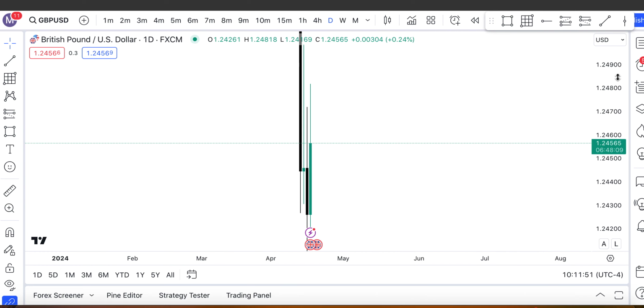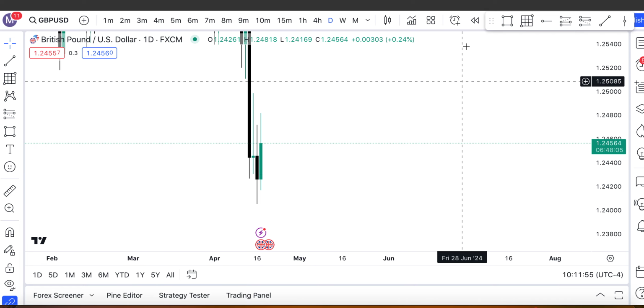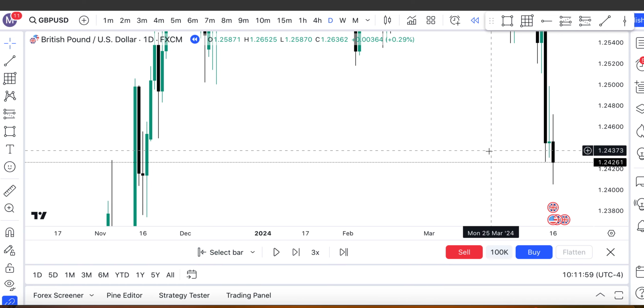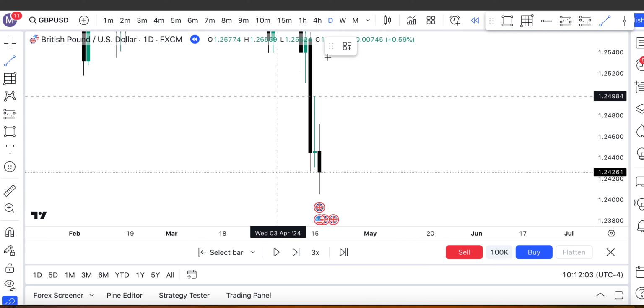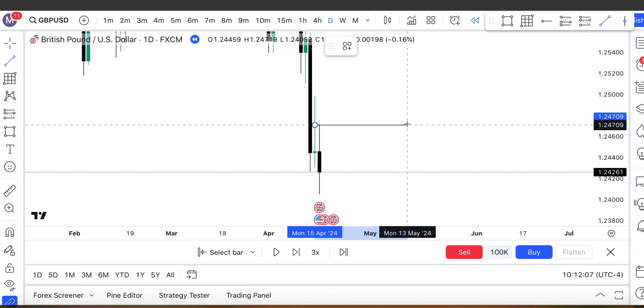So let's jump on the daily time frame. So this, I'm pretty sure, is yesterday, I think. So this is the daily time frame. The daily's high is up here.